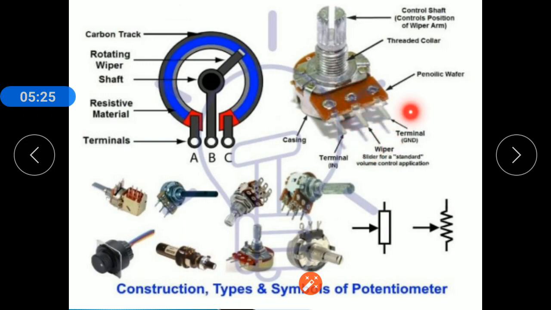It has 3 terminals, and the internal structure of the wire is given here. These are different types of potentiometer sensors. This one is an angular displacement sensor, and this one is a linear displacement sensor. These are some of the practical sensors.